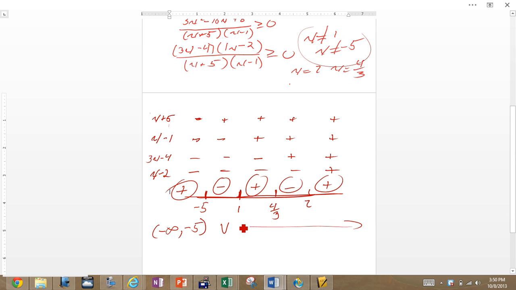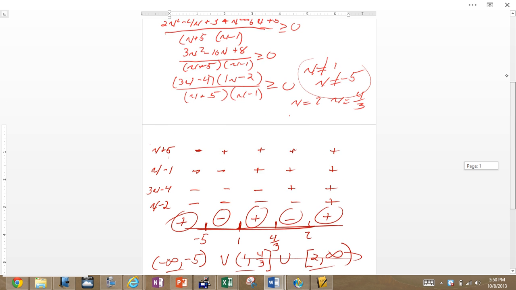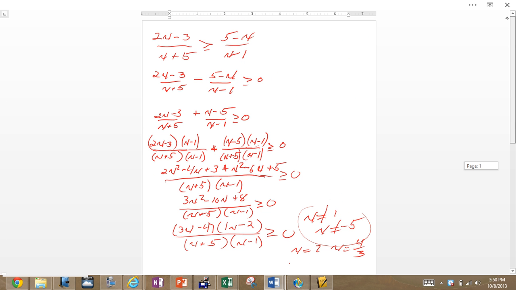I can't equal 1, but I can equal 4/3, so I'll bracket that. And the last positive group, 2, no problem with equaling 2. Can bracket that, and then I run that out to infinity. So there are 3 distinct positive regions meeting this inequality as well as the original inequality.